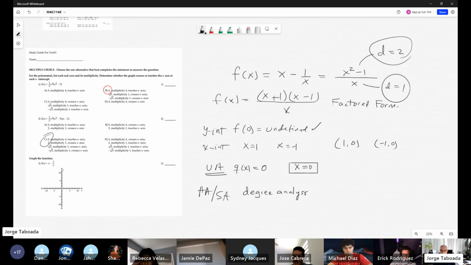Therefore, the degree of the top is 1 more than the degree of the denominator, so we have a slant asymptote. By the way, it's easy because at the beginning the function is given like x minus 1 over x, and this is the slant asymptote.